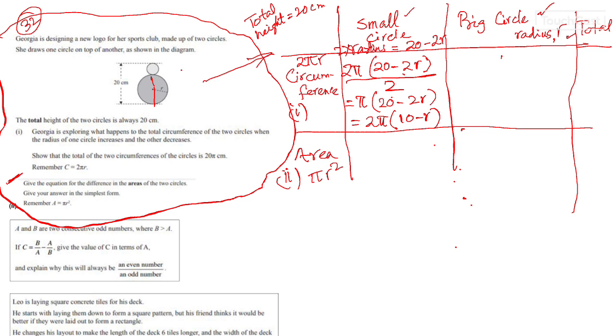Okay, and with the big circle, it's much easier because the radius is given r, so the circumference will be 2 pi times r, which is 2 pi r, right? Now, when it comes down to the total, I'll do the calculations over there in that box.